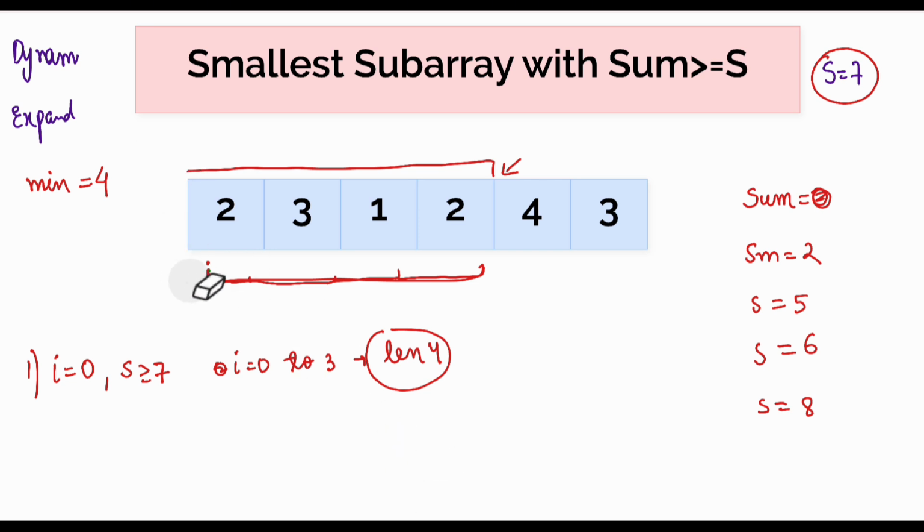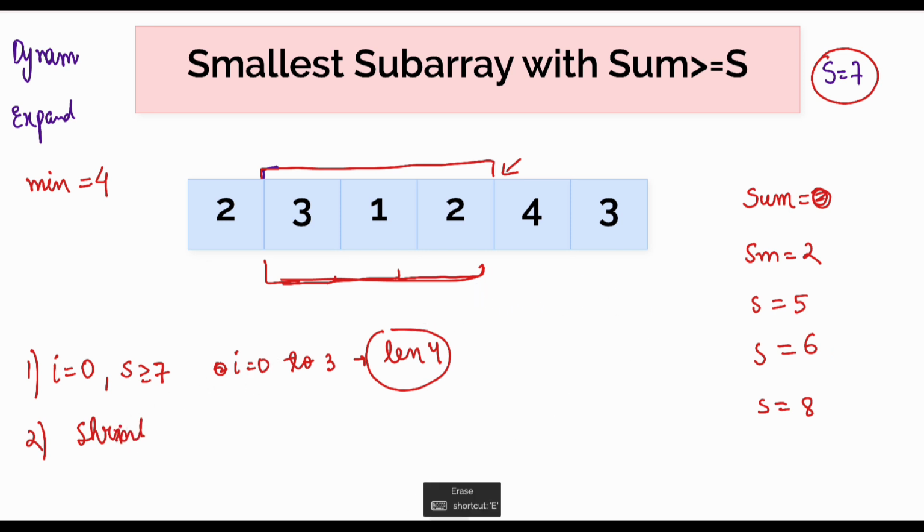So my new window will come out to be till here. So now this is my new window. I am shrinking. Once I have reached an array which has given me the target sum, I will shrink my window from the left.